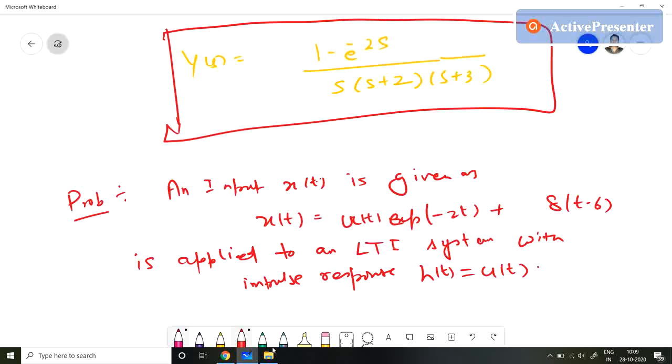We need to find out the output y(t). Find out the value of output y(t).